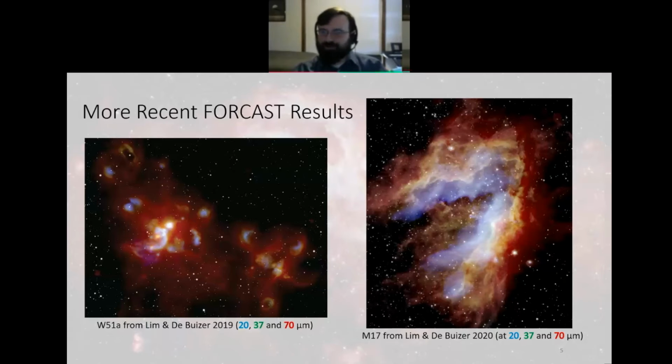And so you can already get this feel that when I'm talking about studying dust morphology, when you're looking at objects in the galaxy, SOFIA and FORCAST is able to pretty comfortably resolve a lot of the emission as it transitions between the interior ionized gas to the photodissociation regions and cooler dust.